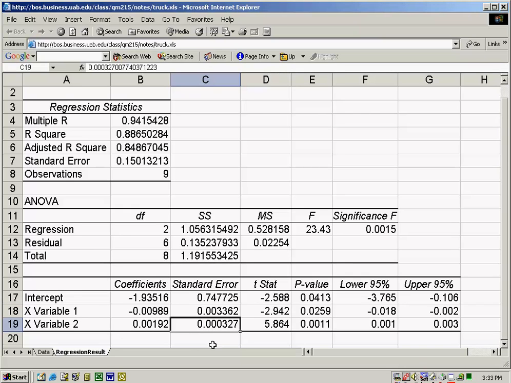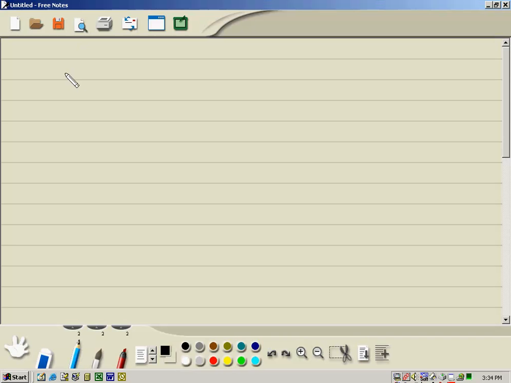Alright, so let's now take these numbers and write down this regression on our page. Okay, so our regression result given on the output, y hat is equal to beta hat 0, which is negative 1.935, plus beta hat 1.